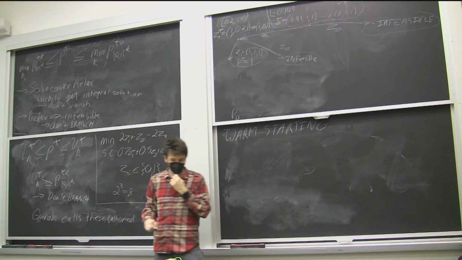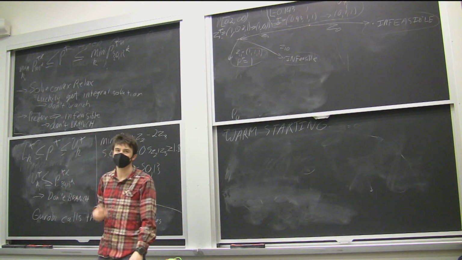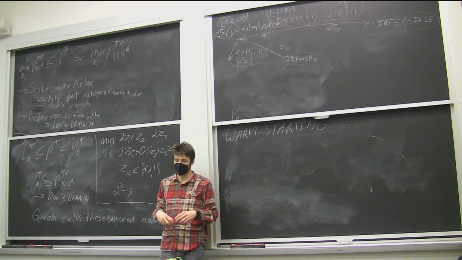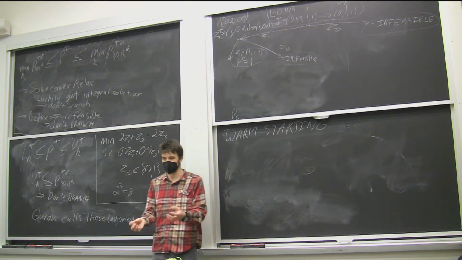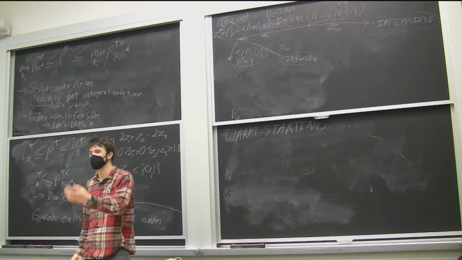When people talk about warm starting in optimization, what they're talking about is that some of these solving algorithms you can actually give an initial guess, and the better that initial guess, the faster you'll solve.